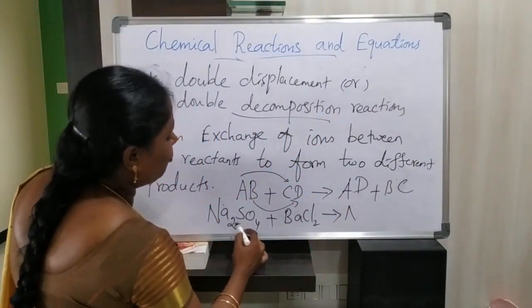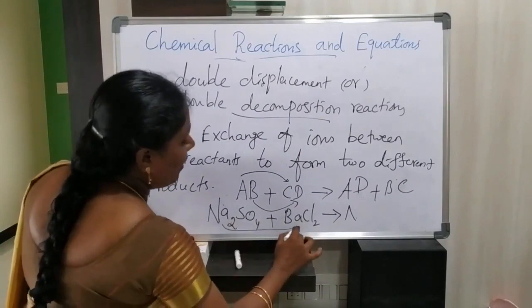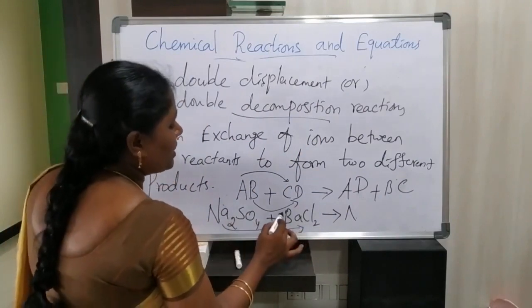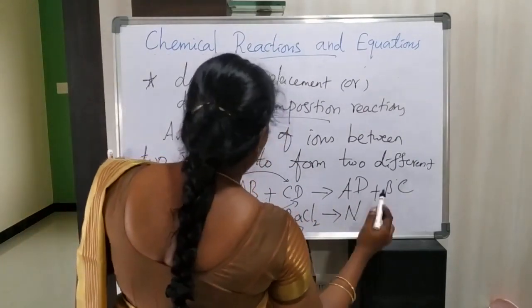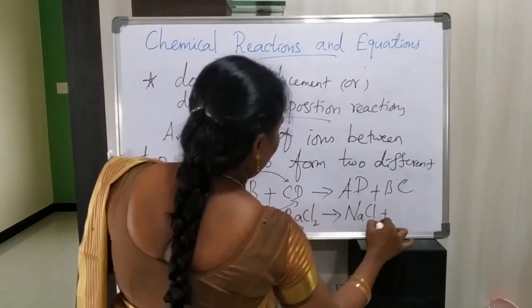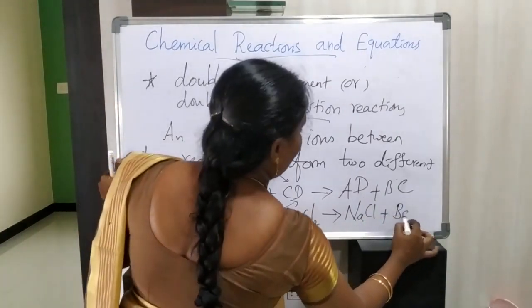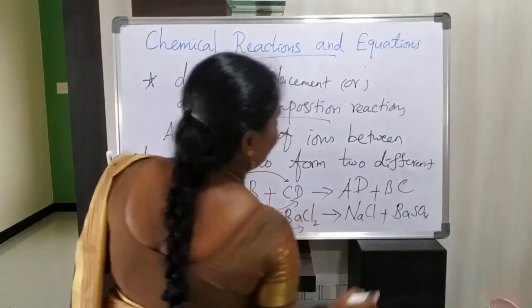See, in Na2SO4 and BaCl2, the sodium combines with the chlorine and the barium combines with the sulfate. And what will you get? We will get NaCl and BaSO4.